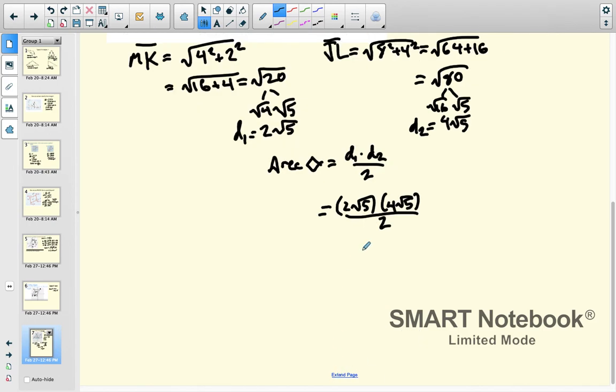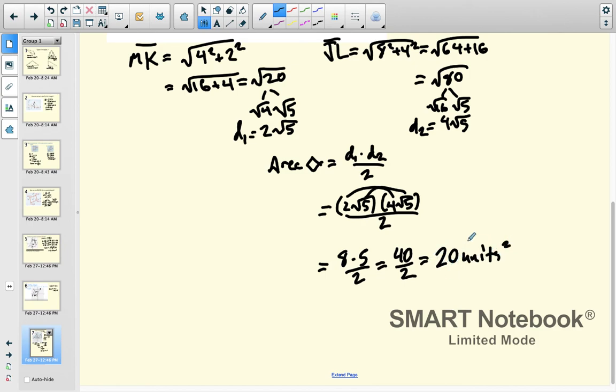All right, so we're almost done here. We just have to simplify. Well, 2 times 4 is 8, and square root of 5 times itself is just 5. So that is going to give me 40 over 2, which is going to simplify to 20 units squared.